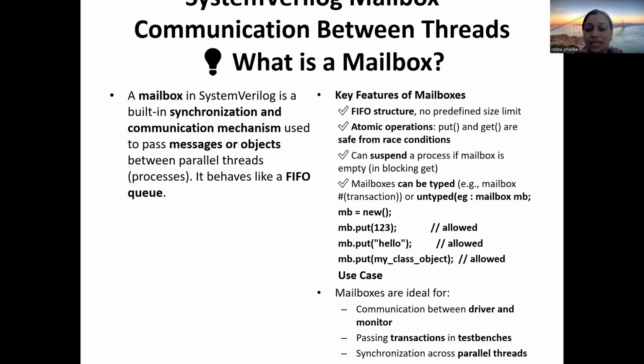When I instantiate this, like MB = new, this mailbox can put data of any type, integer type or string type or class type. So we are making it a generalized one. But if you make it a typed one, like I have said #(transaction), then it becomes fixed. It only puts or gets data of type transaction and nothing else. So a mailbox can be typed or untyped in nature.